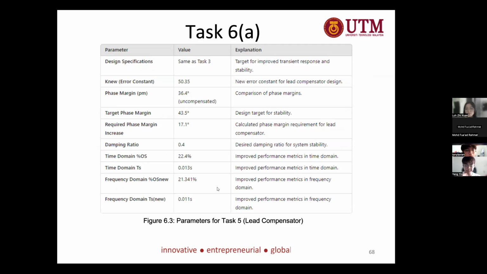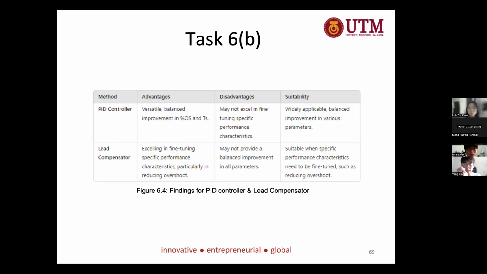Then for task 5, using the lead compensator, we also managed to meet the specification. As you can see here, we calculated the target phase, the required phase margin, which is 17.1 degrees, and we get a settling time of almost 0.013 seconds and a percentage overshoot of 23%.